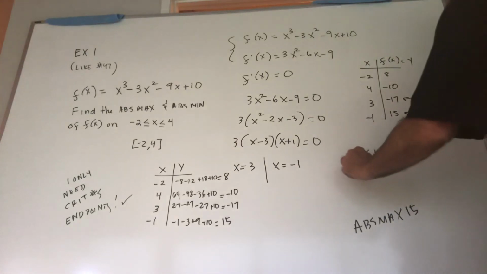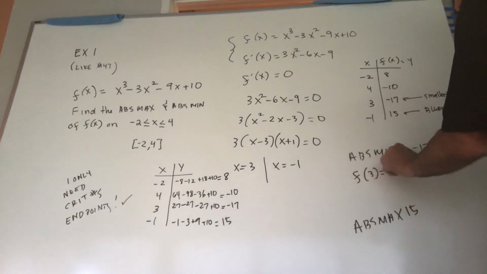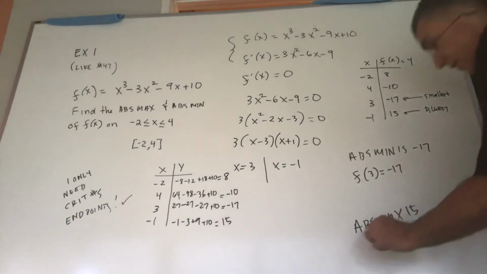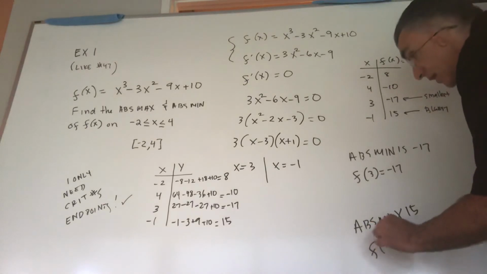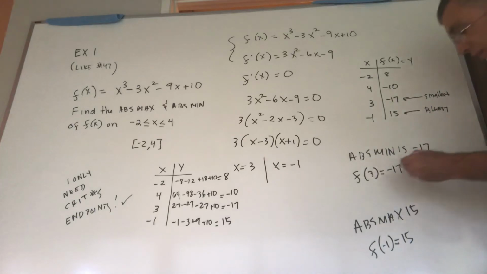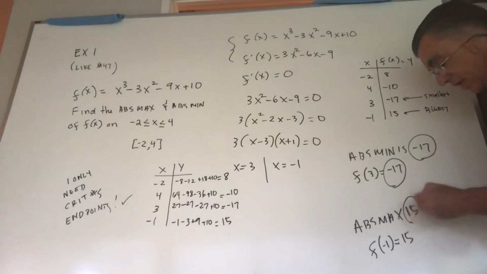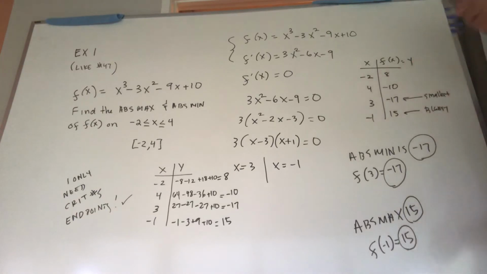Sometimes we write it like this: f of 3, and you'll notice your textbook does this, and then f of -1 equals 15. But just to be super clear, the -17 is the minimum, and the 15 is the maximum.